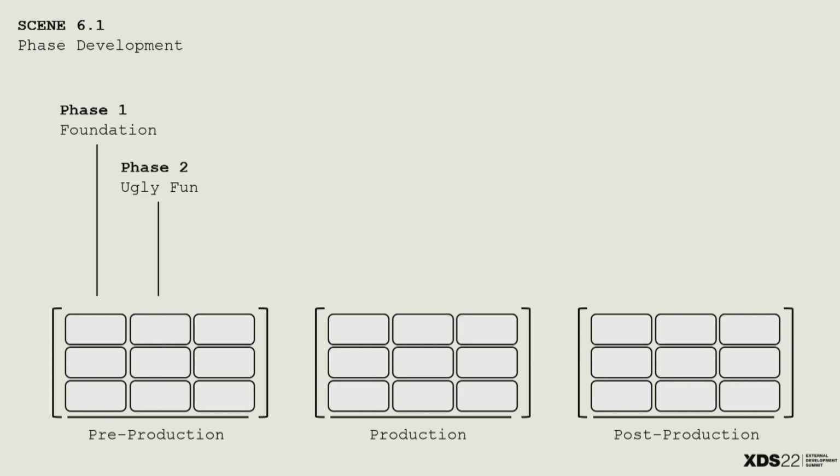Phase two, ugly fun, and I love the term ugly fun. One level demonstrating all the game mechanisms, but working in proto-art. So a proto-art that just is a basic art style with color and textures that signify gameplay mechanics. This level is not designed to be in the final game, and it's not narrative dependent.